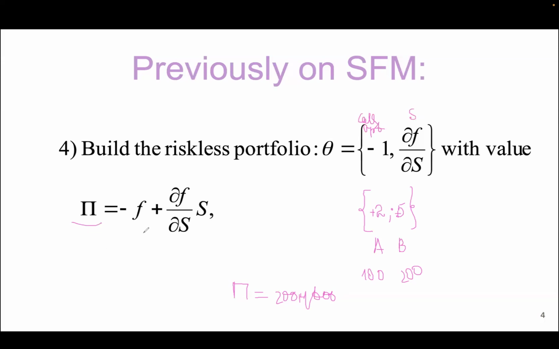So now we multiply the amount of call options by the price of the call option, which is a function you already know, so it's f, and the price for stocks, assume S. So it is the value of the portfolio. And at the previous lecture, we stated that this portfolio is riskless.